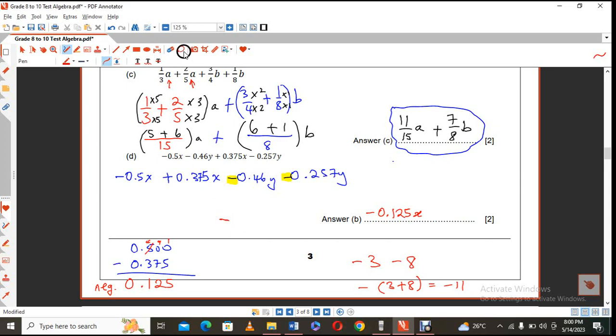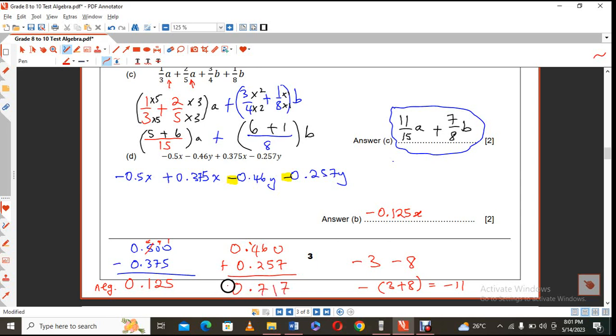So let me just also do it under here, just so that you can follow. So I'm going to say 0.46 plus 0.257. So you're going to add, all right, that gives you a 7 over there. That gives you a 1 that carries over, and that gives you a 7. So this answer is 0.717.